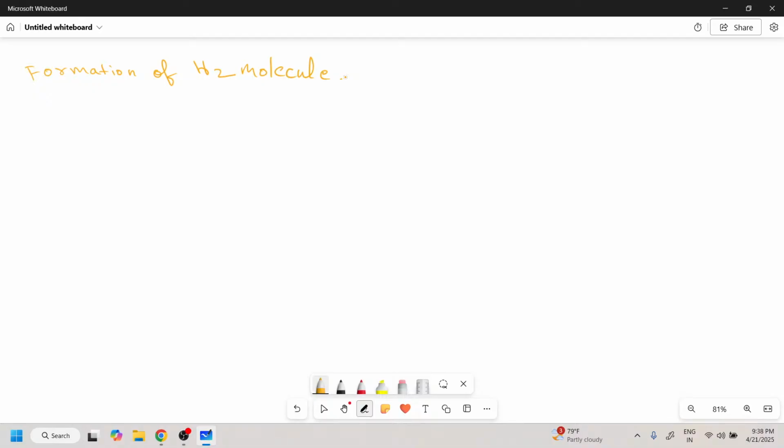When you think, what is this? Formation of H2 molecule. So H gives H2. That's it. What is that much big thing to do in this? See, the main focus of this thing is, it's like a Venn diagram, so no need to worry. So I'll keep a dot instead of a cross.